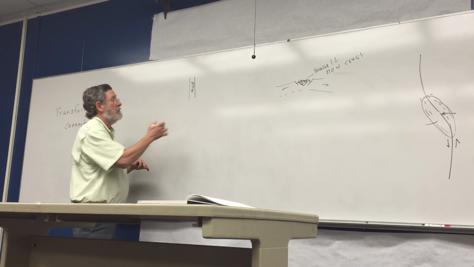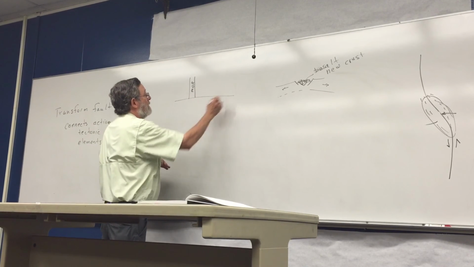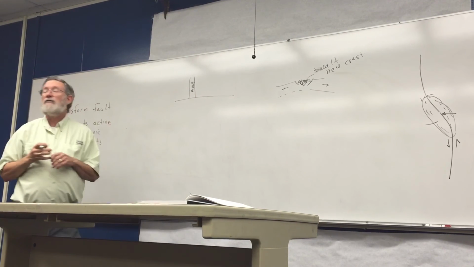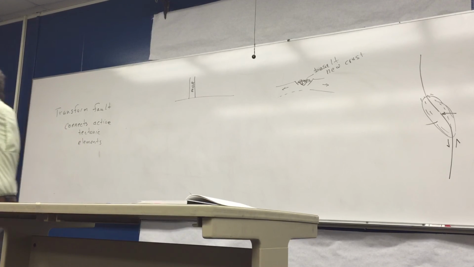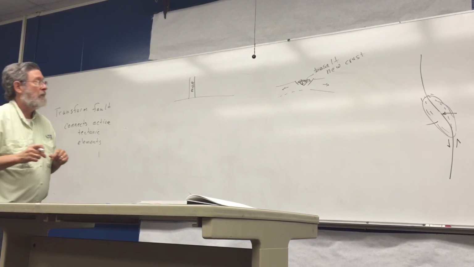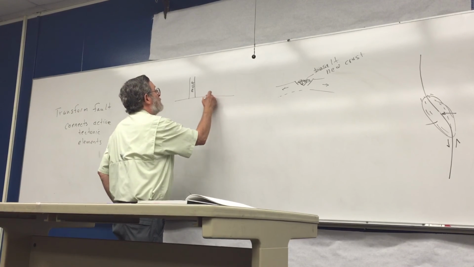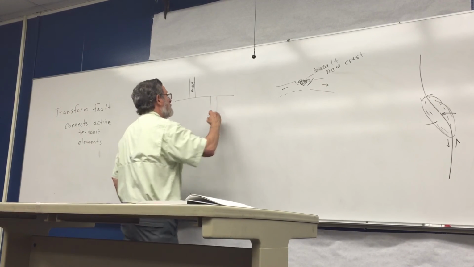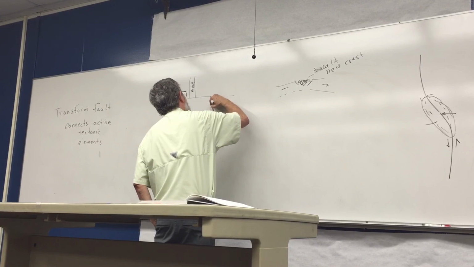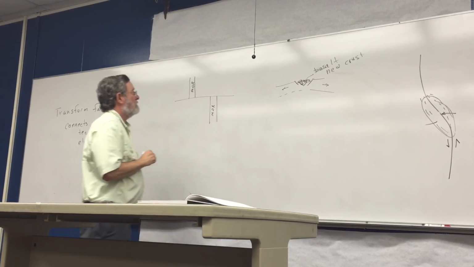What we find is that a lot of times the mid-ocean ridges are not continuous. We have relatively short segments, and then we have a little transfer fault. So we find a scenario like this, mid-ocean ridge.